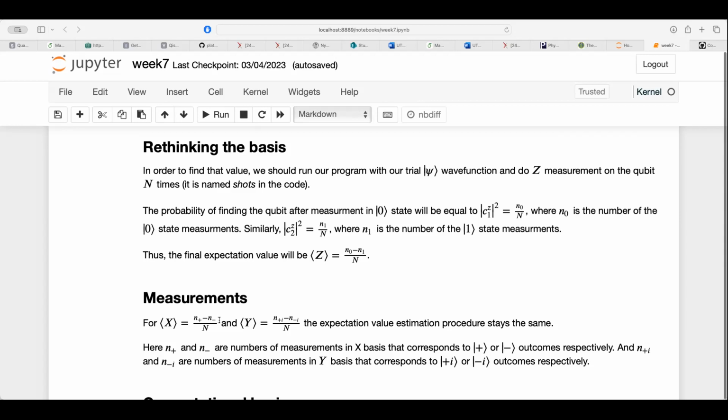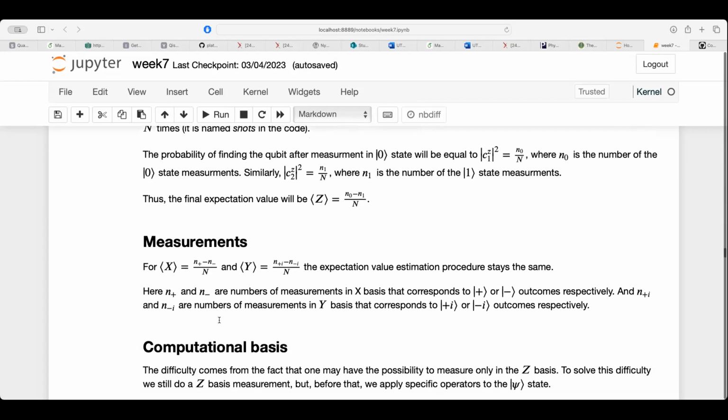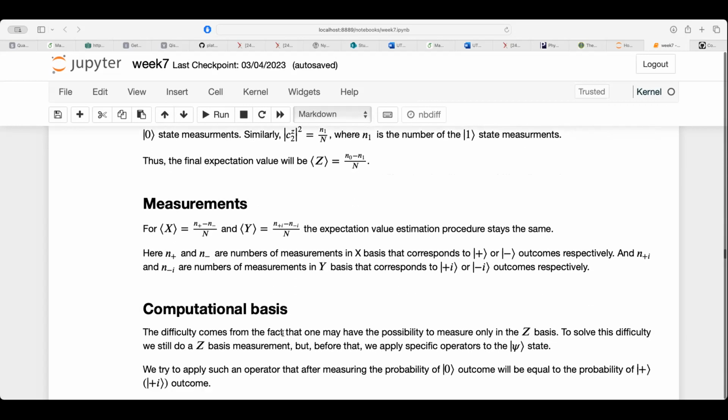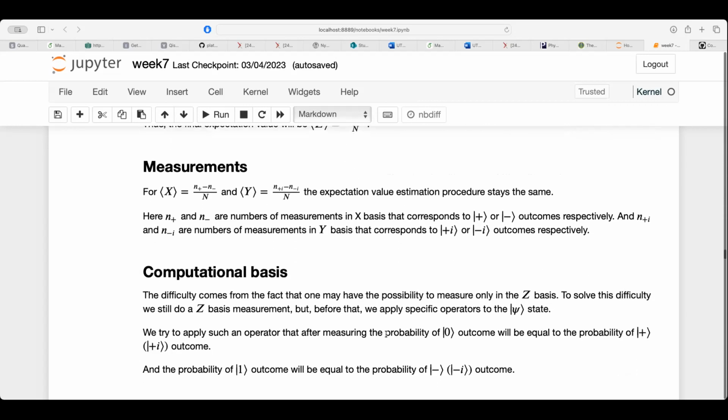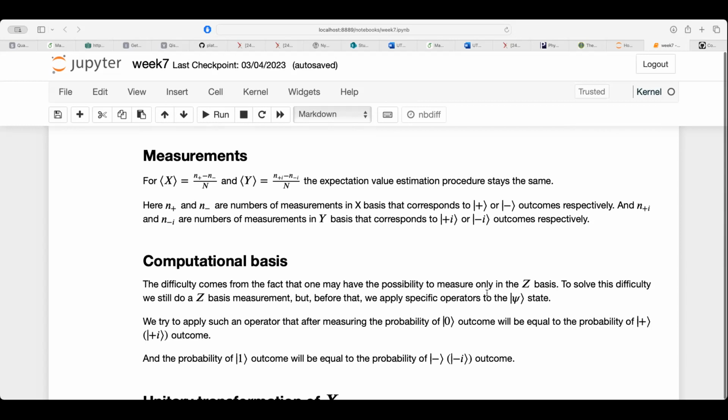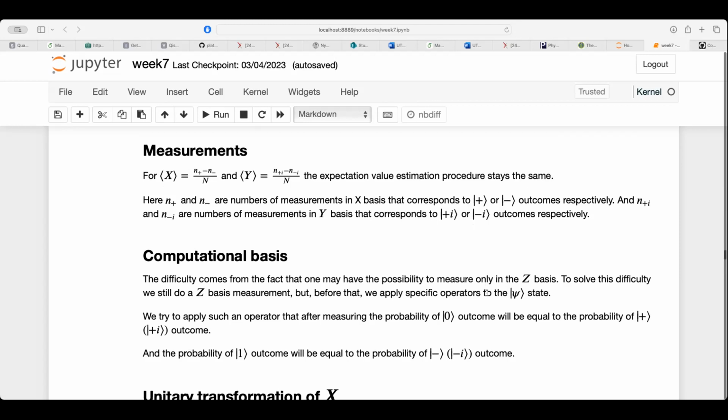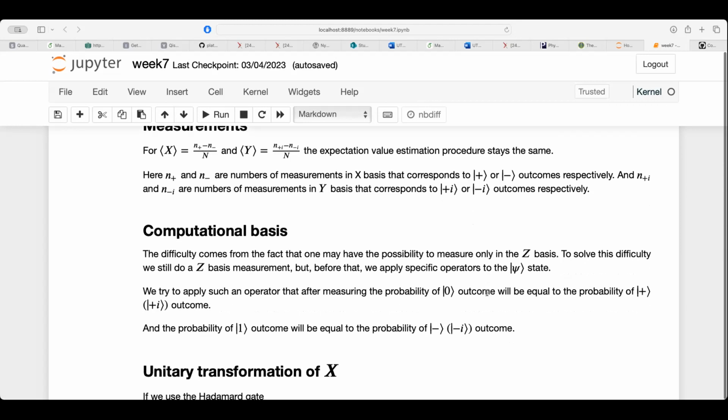So this is a constraint which is not theoretical, but is actually imposed by the way we perform measurements in real life. The difficulty comes from the fact that one may have the possibility to measure only in the Z basis. That's why we will end up with a series of transformations of basis states for the Hamiltonians which we have.